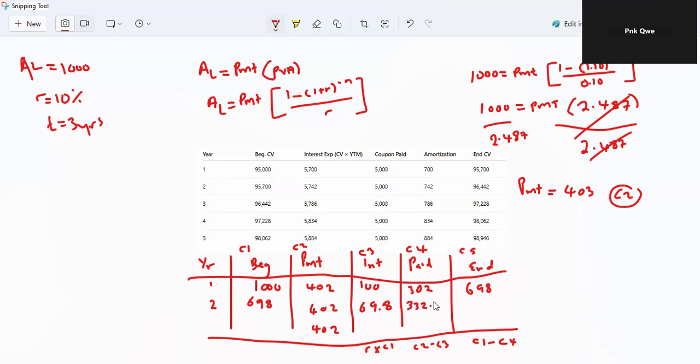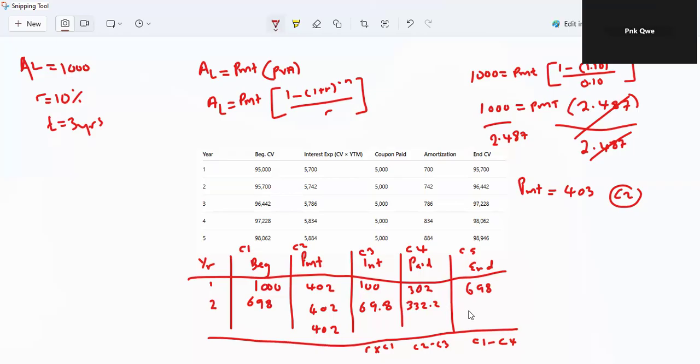Then how would we get the last column? We subtract 332.2 from 698 to get the last column.